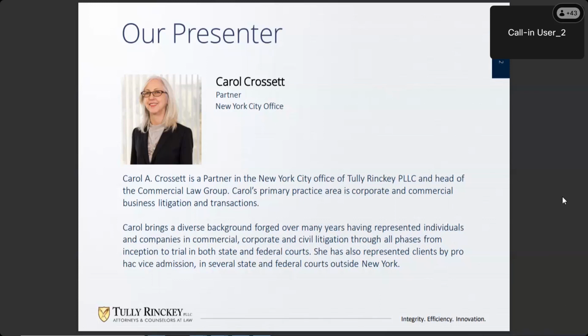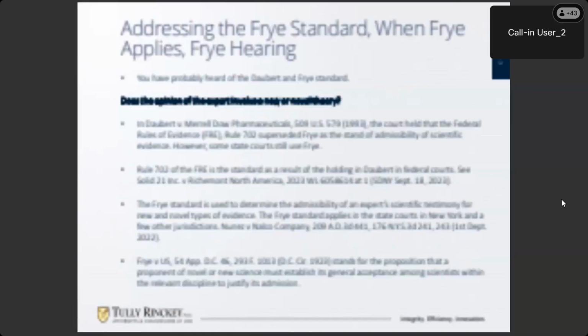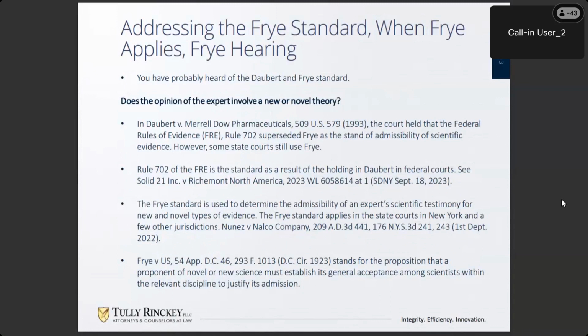So we're going to begin with cross-examination of experts at trial, and we have a number of items to discuss before we get actually into the cross-examination itself. One of them is I wanted to address the Frye standard versus Daubert.